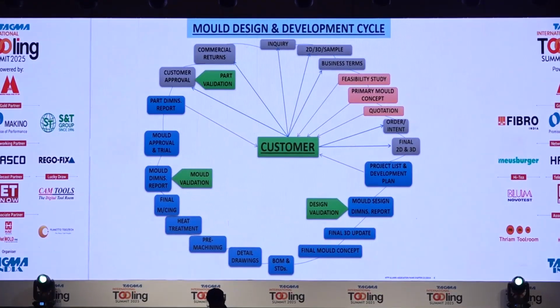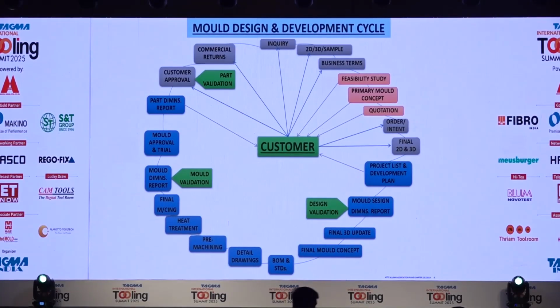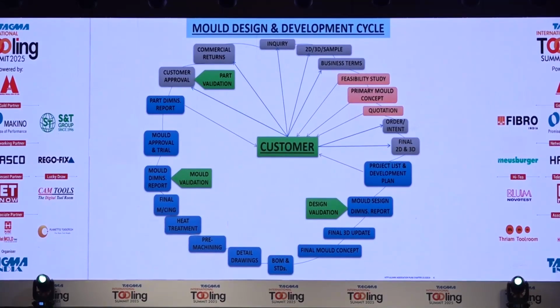So from digital to physical, there is a lot of transformation in this. There are certain headings covered here, where most of the upper half is related to the customer, and the lower part is related to design to manufacturing.